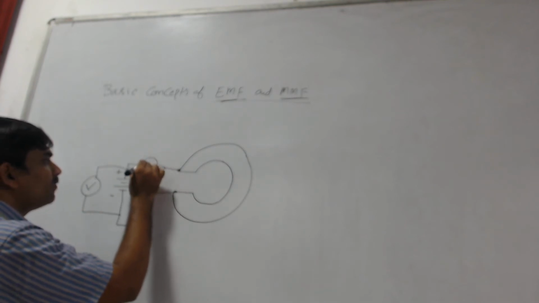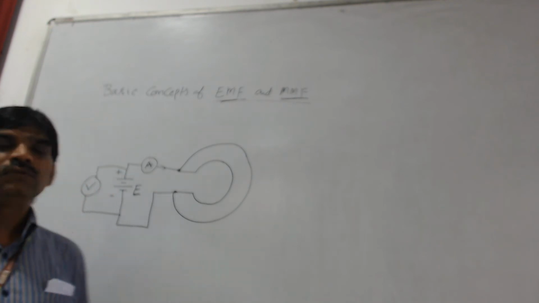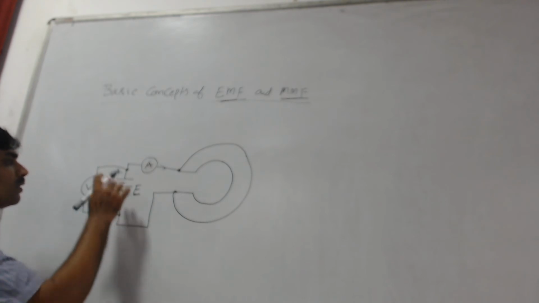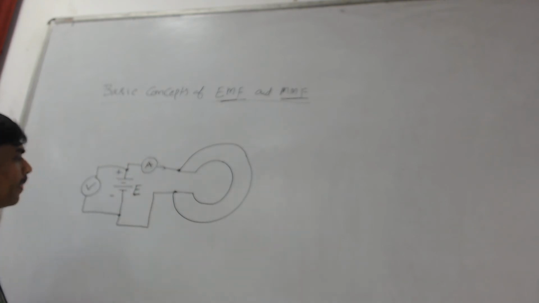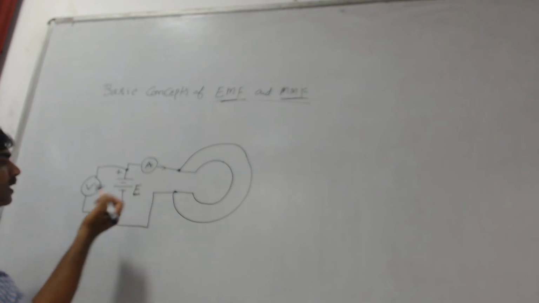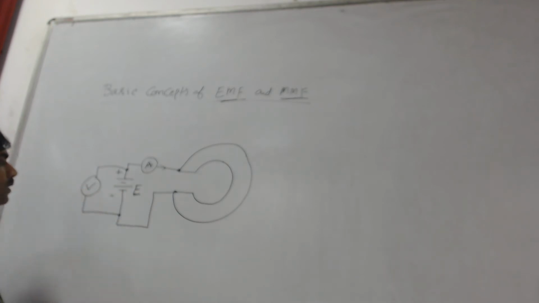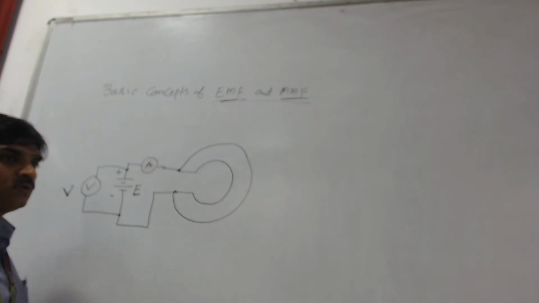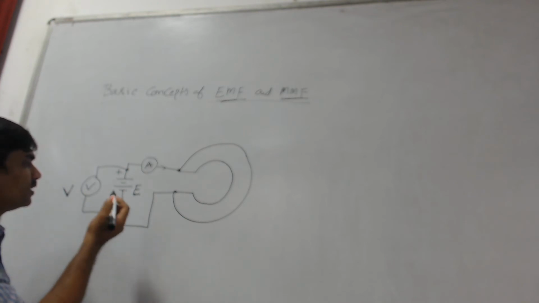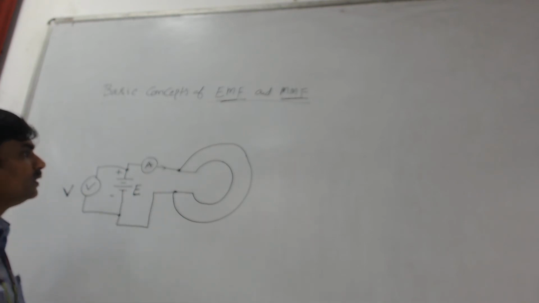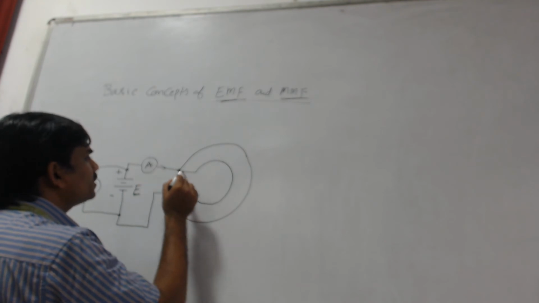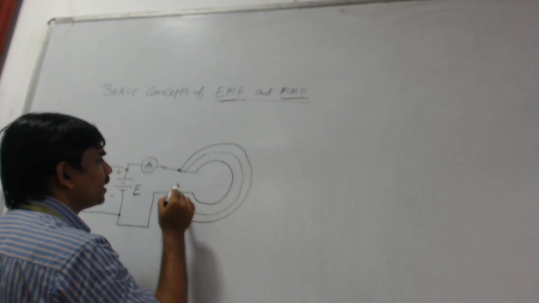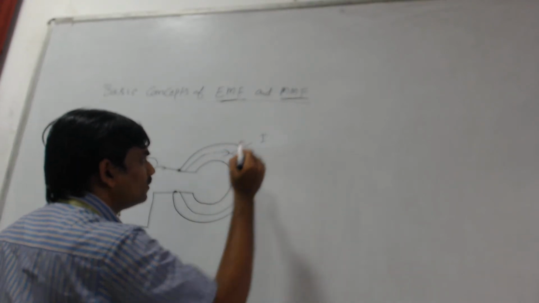The ammeter is always connected in series with the circuit, and the voltmeter is connected across the terminals. The voltmeter measures how much voltage is given by the battery, maybe 10 volts, 20 volts or 30 volts, based on the source you are giving. The current passing is called I.